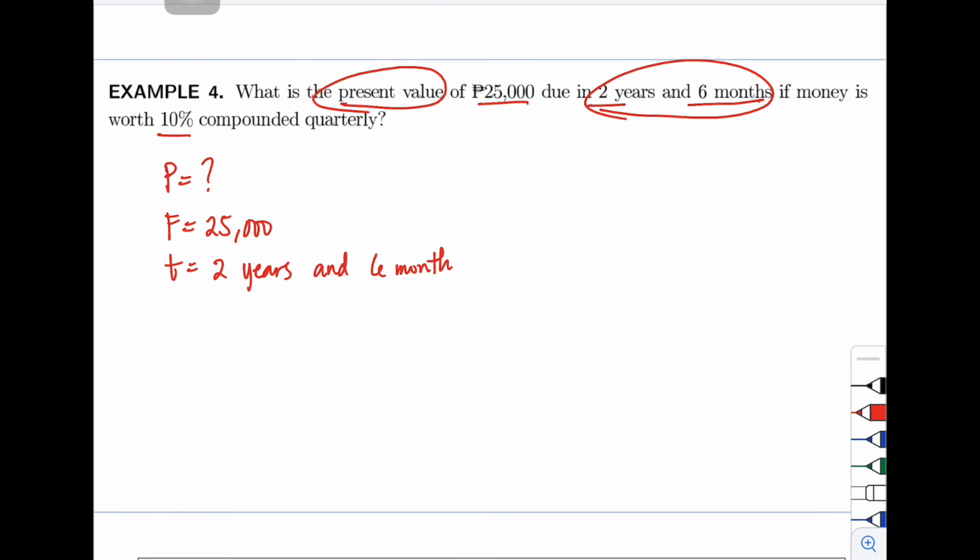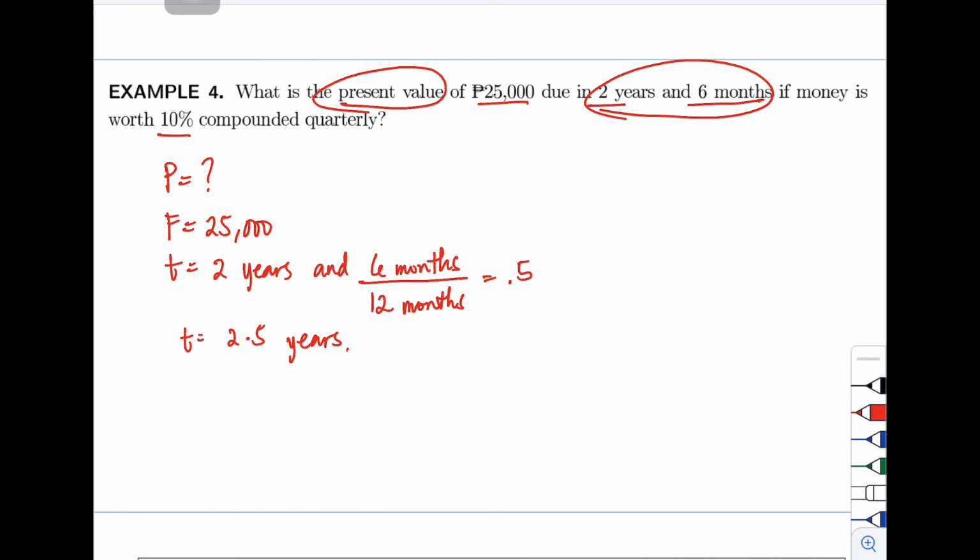Okay, so again, kailangan ma-convert natin si 6 months in a year. Alam naman natin na kailangan natin i-divide yan by 12. Tama? Kasi meron tayong 12 months in 1 year. And that is 0.05 or 0.5. Tama? So, i-add natin dun sa 2 years. So, ang total na time natin is 2.5 years.